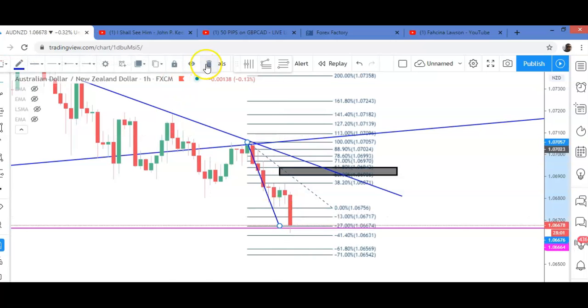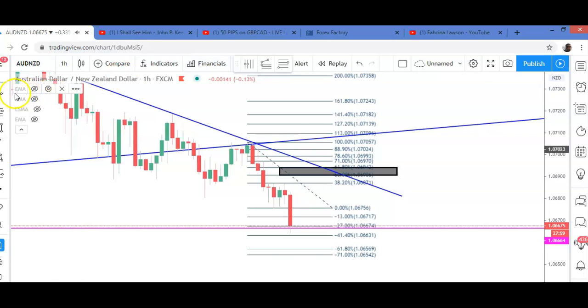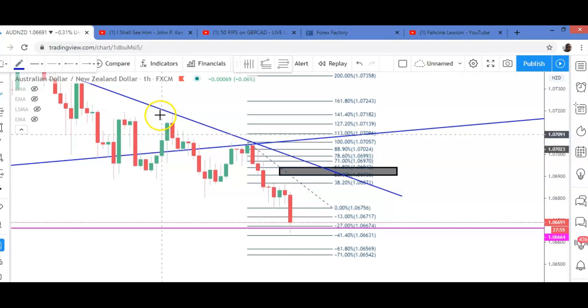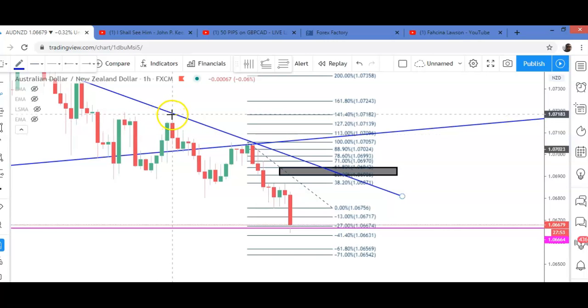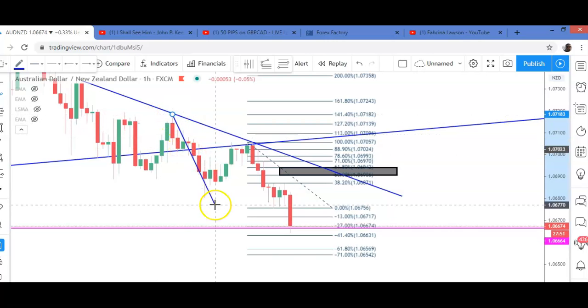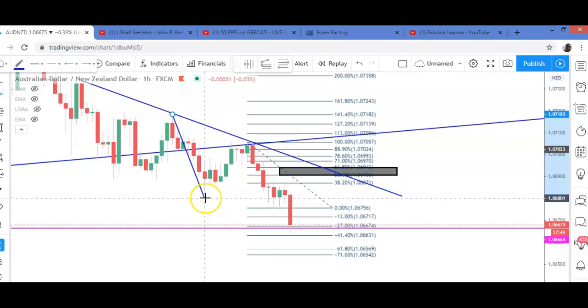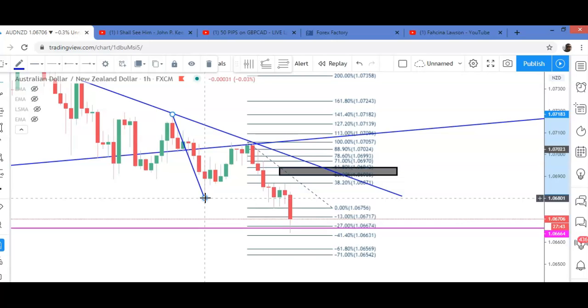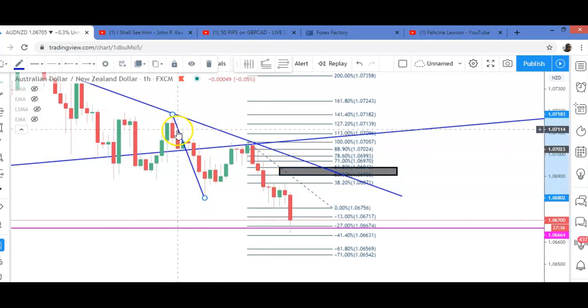Again, I want to bring your attention to what I discussed about measuring the length of a descent to determine how long the next drop will be in these descending moves down.